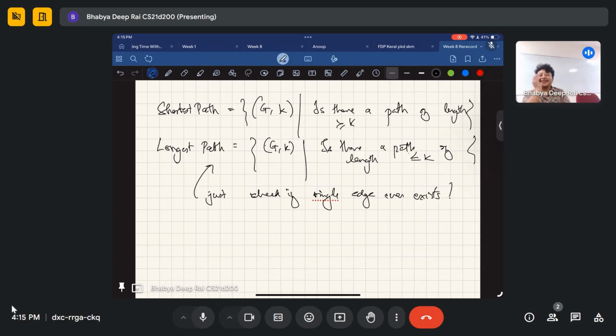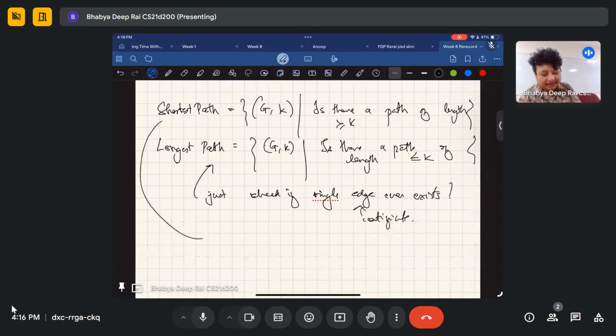Even if a single edge exists, then there's a path of length 1, which is at most length k, because k is at least 1. So this is trivially doable. Shortest path is a difficult problem, but is it in NP? Yes, it is in NP. I mean, this longest path we showed can be done in polynomial time, so it's in P, therefore it's in NP. But of course, for longest path also you can always give an example. That is your certificate, always.